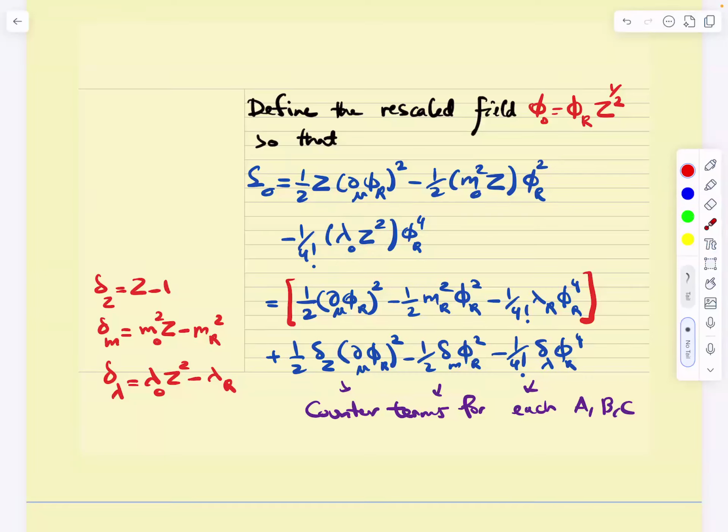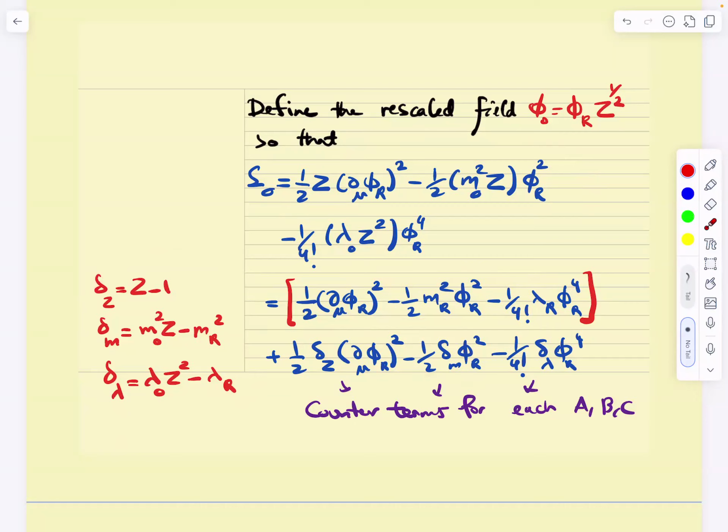Next, we want the Lagrangian to look like the Lagrangian of the renormalized field with the renormalized mass and renormalized coupling. So we just write it as this term, and whatever is the difference. The difference is just this term, subtracted from this minus this plus this, that I've written this way. So this is just an equality.